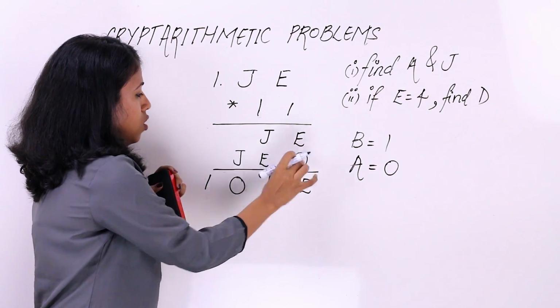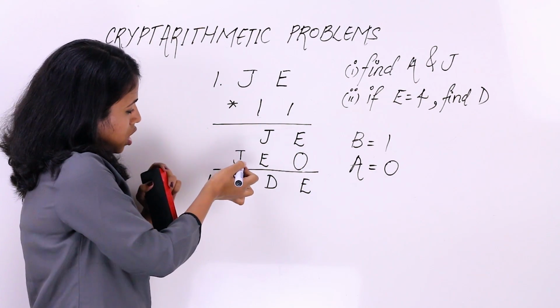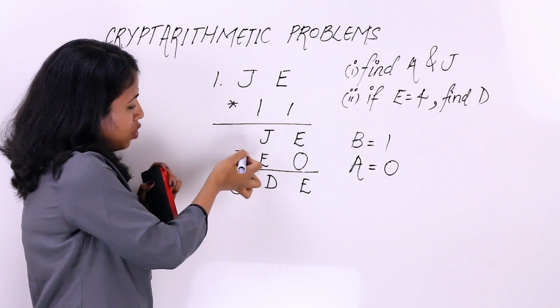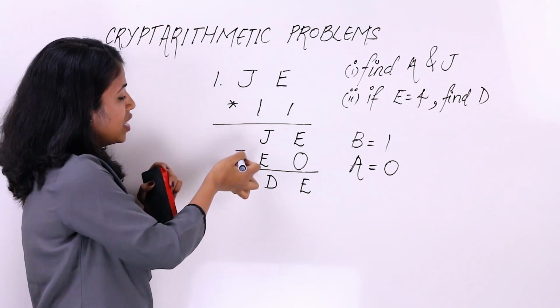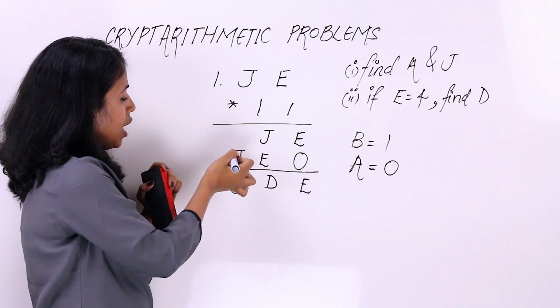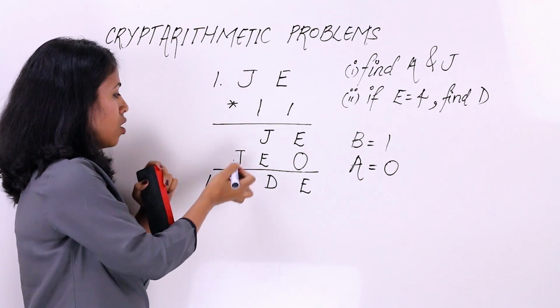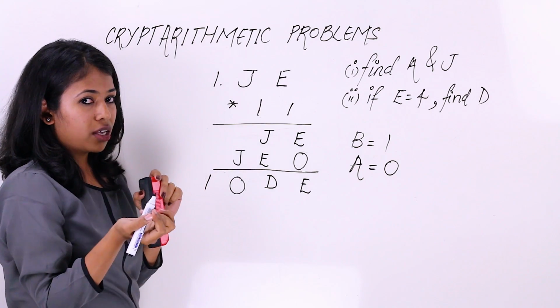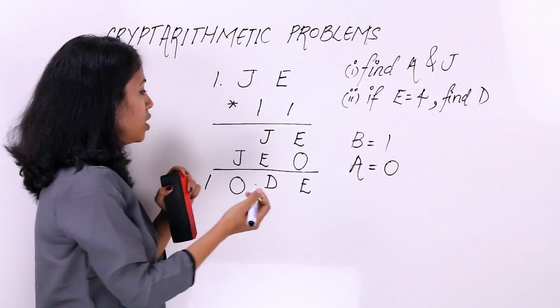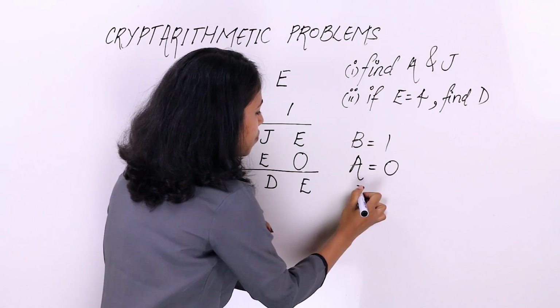Now, look carefully. There would have been some carry which gets added to J and gives 10 as the answer. What can be the possible value of J? It obviously has to be 9, right?